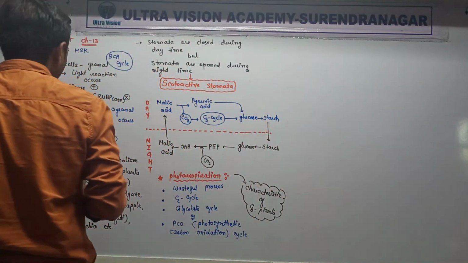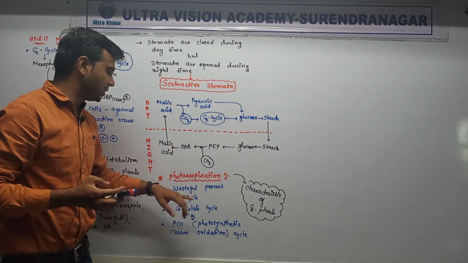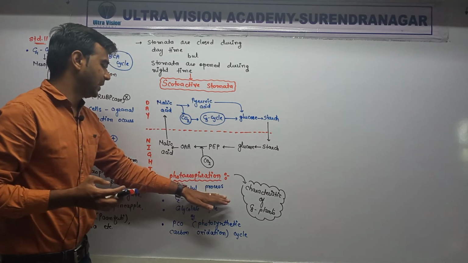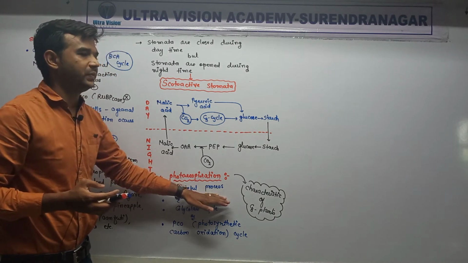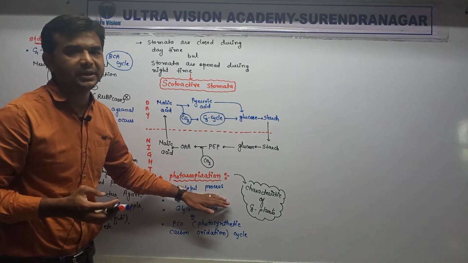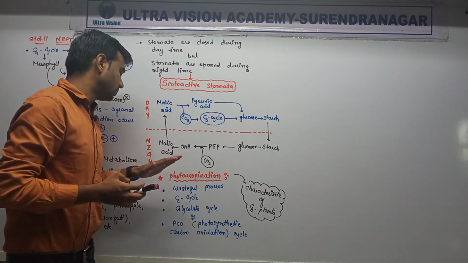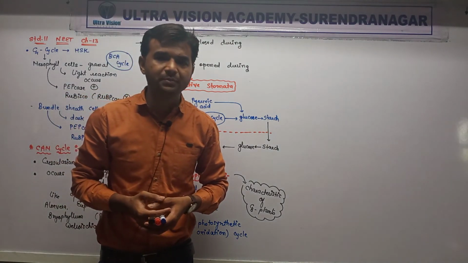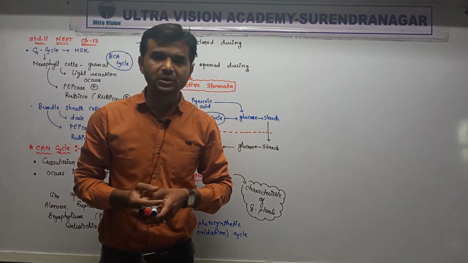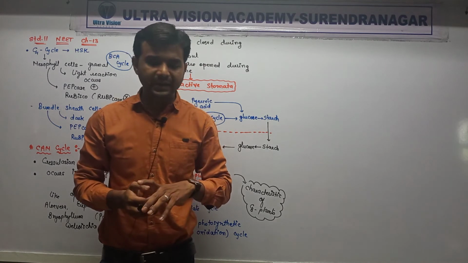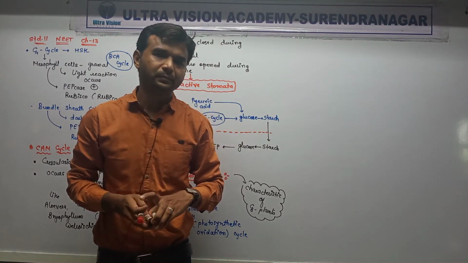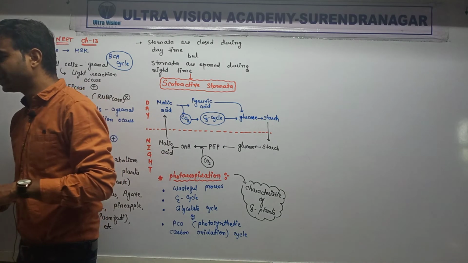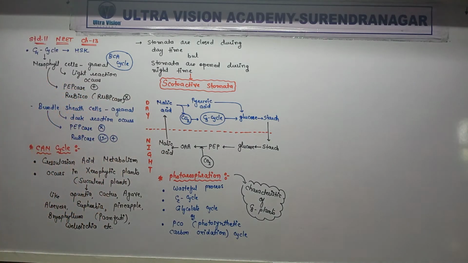So for formation of 1 molecule of glucose in photorespiration, we require 8 times C2 cycles. 8 times C2 cycles form 12 PGA molecules, because in the mitochondria 2 glycine join together and form 1 serine. Glycine is 2 carbon and serine is 3 carbon.